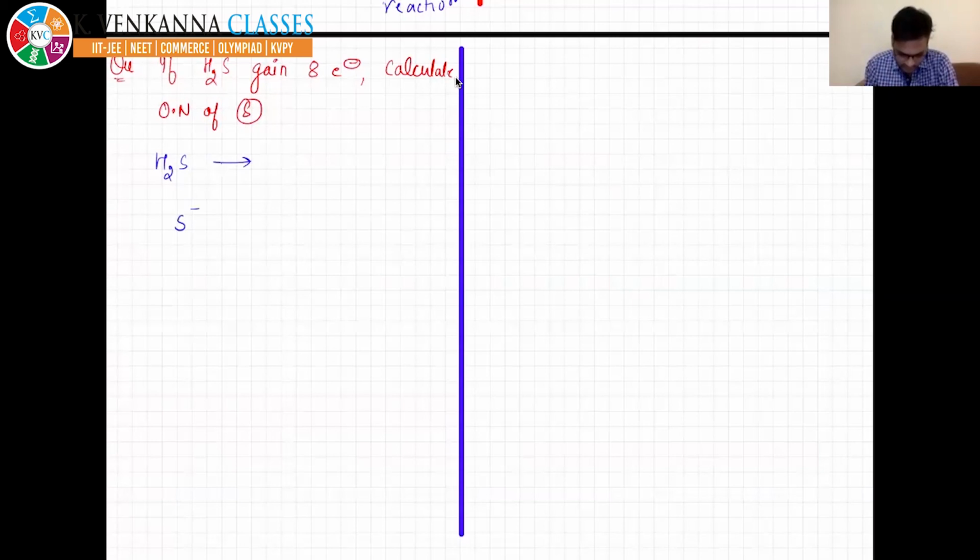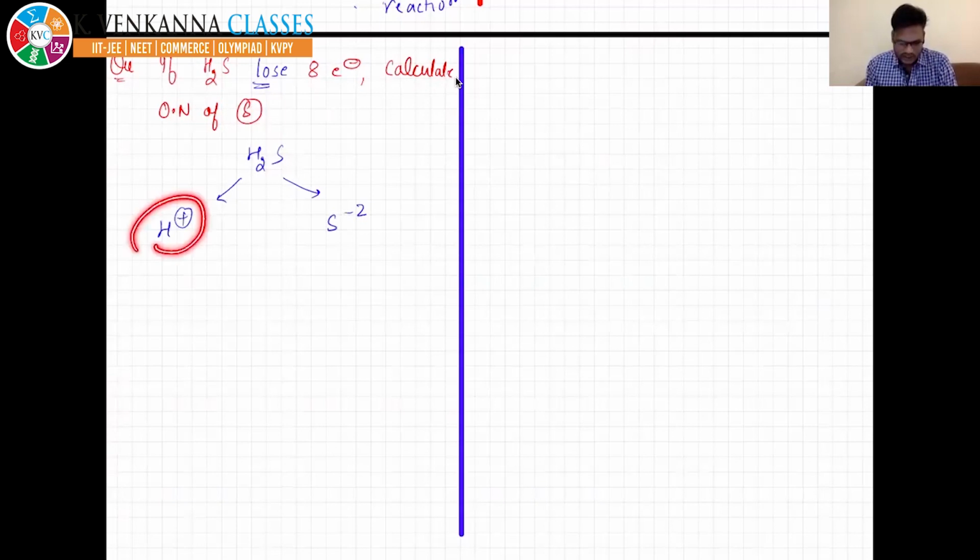I wrote gain, but it should be lose, so lose 8 electrons. In this case, let us identify hydrogen and S. Hydrogen is present in +1, sulfur is present in -2. Hydrogen cannot lose any more electrons, it is already in plus; whatever electron it had, it has already lost.